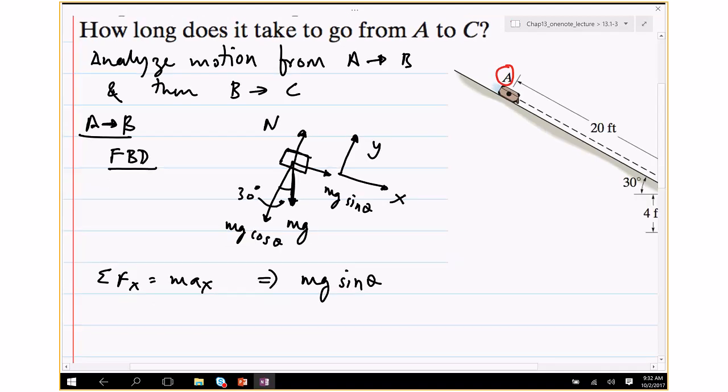So mg sine theta acts in the x direction, so it's positive, equals mass times acceleration. If I resolve force in the y direction, I have mass times ay. So the net force in the y direction is N minus mg cosine theta equals 0, because the acceleration in y is 0.